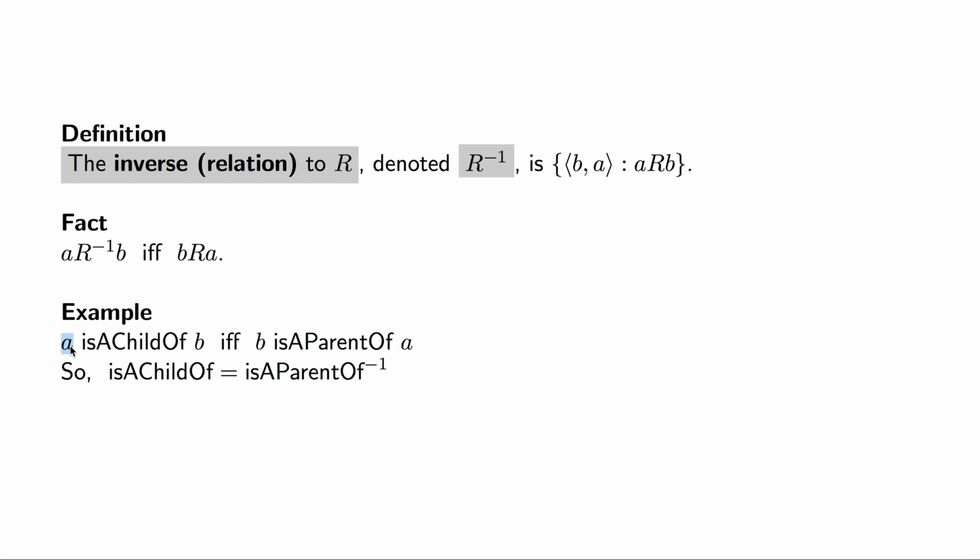If A is a child of B, we could express this equivalently as B is a parent of A. So the relation "is a child of" is the inverse relation to the relation "is a parent of."